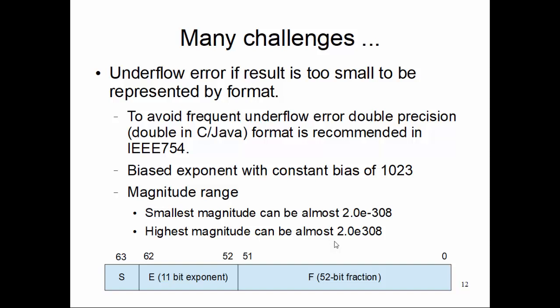We cannot represent that, and that becomes an underflow error. Now, to avoid frequent underflow errors, double precision, which is the double type in C and Java, has been recommended in IEEE 754.